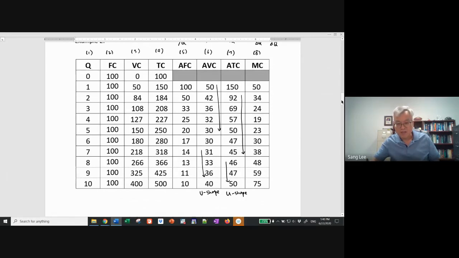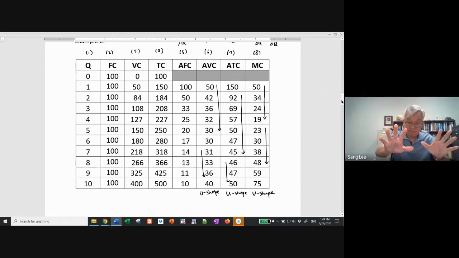Marginal cost is falling up to 4 units, and then beyond 4 units, the cost of producing an additional unit is now increasing. So here, marginal cost also has a U shape. Okay. So this is a lot more general case.